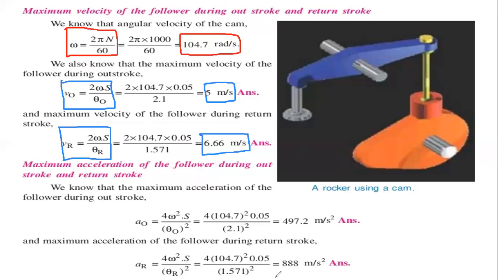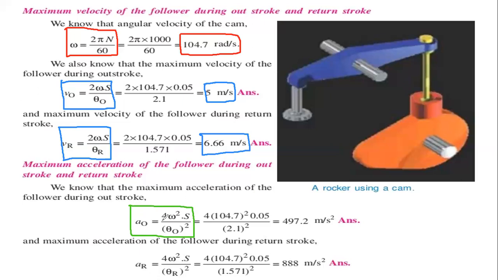Next we have to find the maximum acceleration of the follower during the outstroke. We know the maximum acceleration formula for the outstroke, that is 4 into omega square into s by theta O whole square. This formula is separate for every motion of the follower.